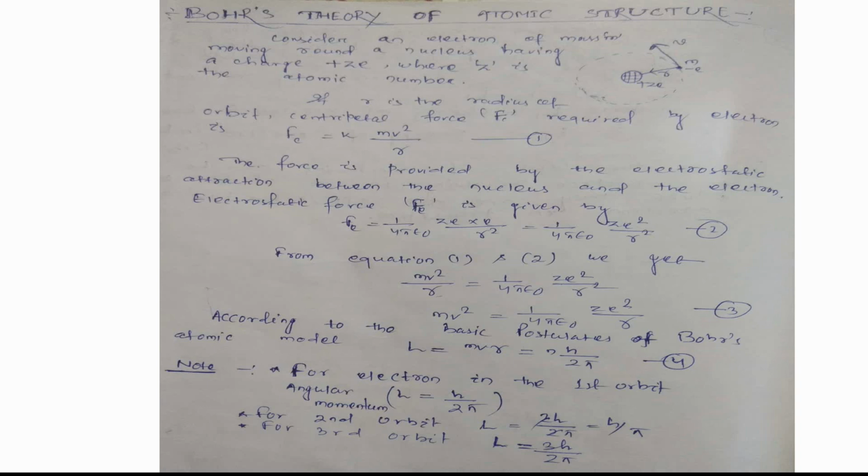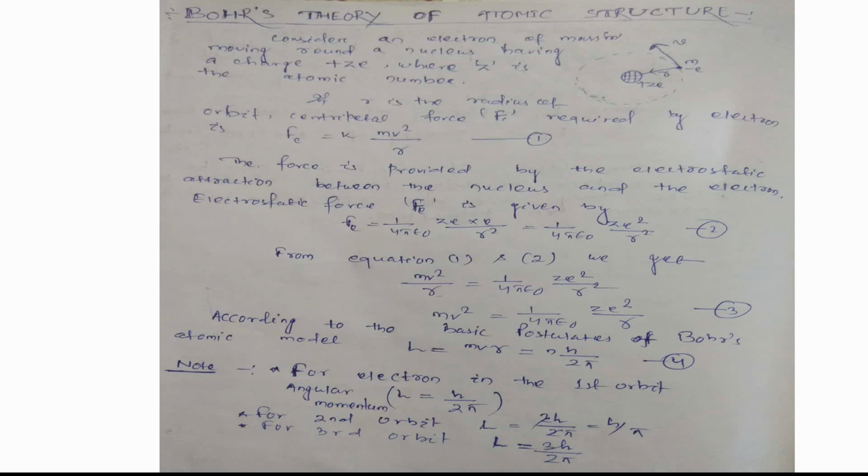in fixed circular orbits, and when the electrons are revolving around the nucleus, they have some velocity as well as some energy. The energy is kinetic energy as well as potential energy, and the radius of the circular path is r.